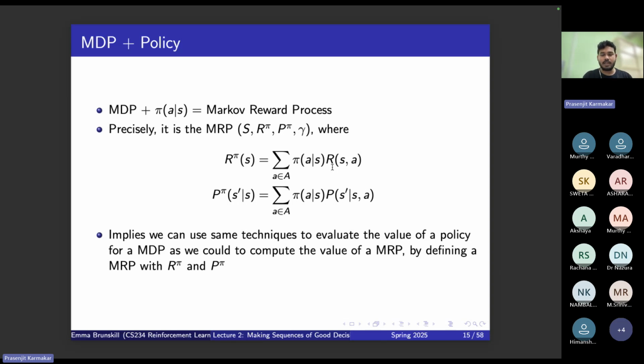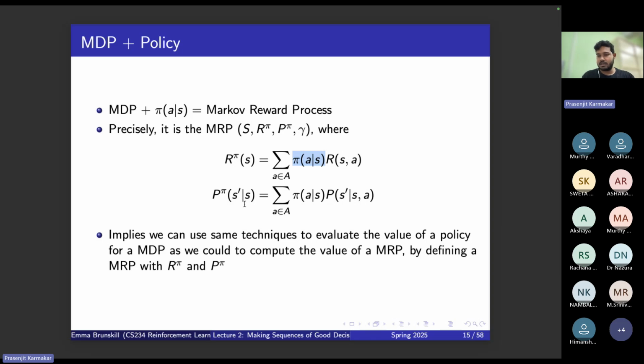So policy, you can think of it as a lookup table, which state I will take which action. So my Markov decision process can be directly converted to a Markov reward process. Okay, just look into these equations, right? You can just multiply the reward matrix with the policy. It will give you the reward per state, because the actions are fixed, right? Similarly, the transition probability matrix can also be multiplied, and you get the transition matrix.